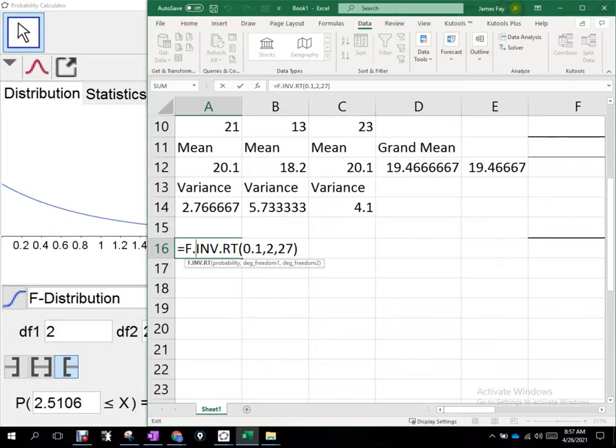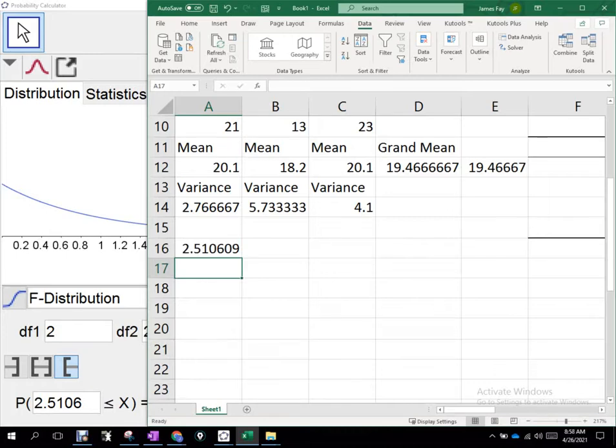You type in the degrees of freedom, which is k minus 1 for your numerator, and capital N minus k for your denominator. That's the order: alpha, k minus 1, and then capital N minus k. You hit that, and you get 2.5106. Is that the same 2.5106 that GeoGebra was giving?